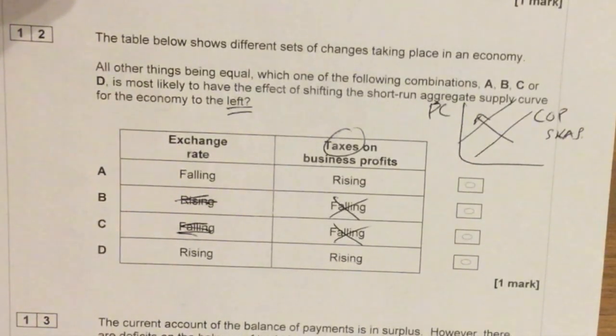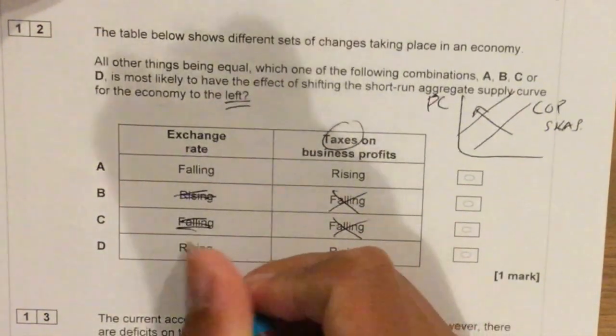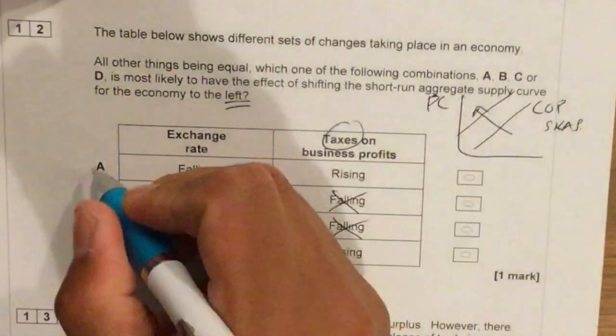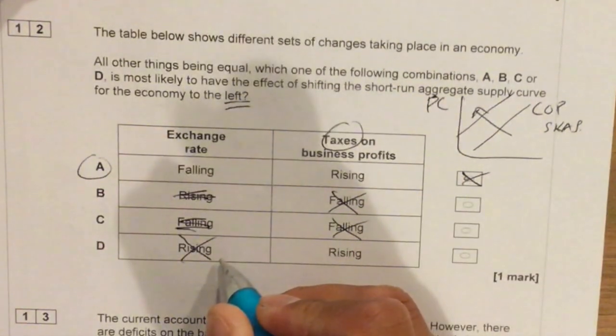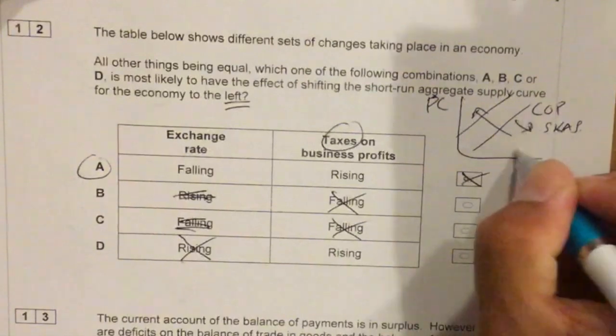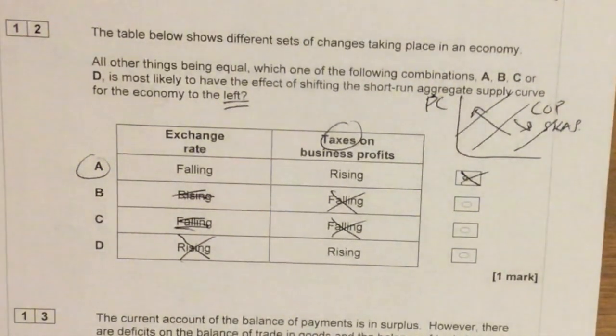And if your imports cost more due to the pound getting weaker, then that will move SRAS to the left or upwards. So it has to be a falling exchange rate, not a rising one. Therefore it has to be A. Because if it was a rising exchange rate, then your costs of production would go down, shifting to the right, because it is cheaper for you to buy in your raw materials from abroad.